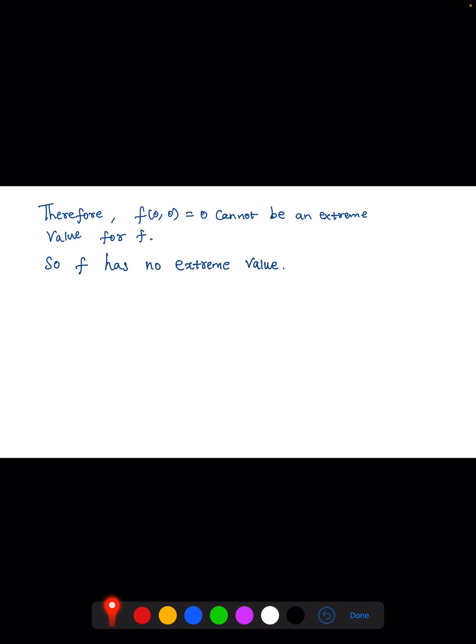So how do we visualize it? You can see here, again we are saying 0 0 is a saddle point. What do we mean by a saddle point? A saddle point is a point where the function will not attain a maximum or minimum.